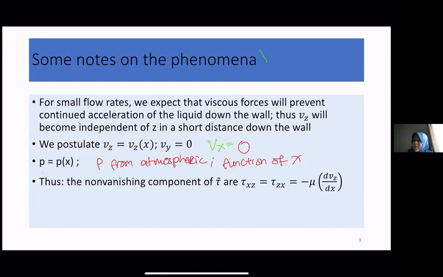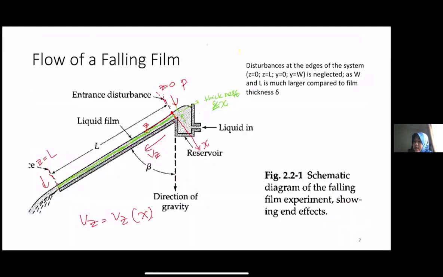So this tells you that the velocity phi z at z equal to 0 would be equal to phi z at z equal to L. Okay, so the velocity is not changing with respect to z. Kecepatannya tidak berubah terhadap z.